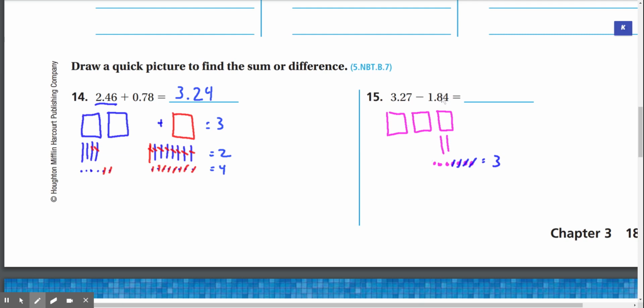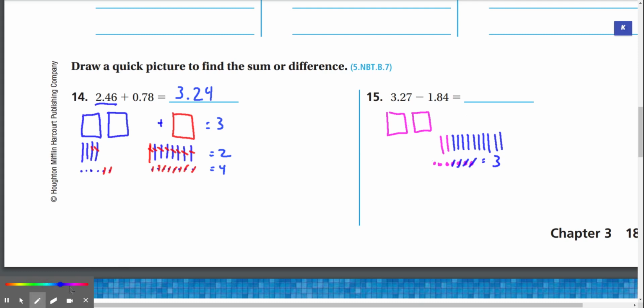Now in the tens place, we have 8, but we don't have 8 sticks. So we're going to have to regroup one of these squares into sticks. We're going to cross out the square and then turn it into sticks. Now we can subtract 8.